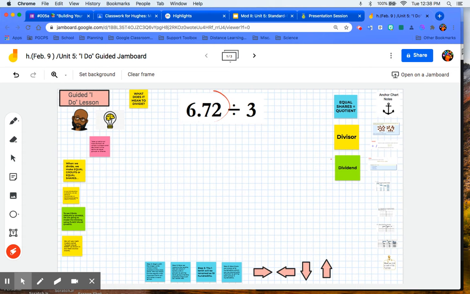The dividend. I need to find out how many equal groups of 3 are in 6 and 72 hundredths. And how can I use place value to do that?